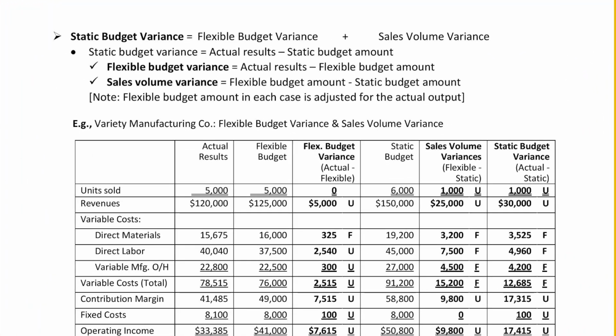Where we have, highlight, static budget variance. We know that's actual versus static. Now the static budget variance is equal to, highlight, flexible budget variance, which is actual versus flexible.